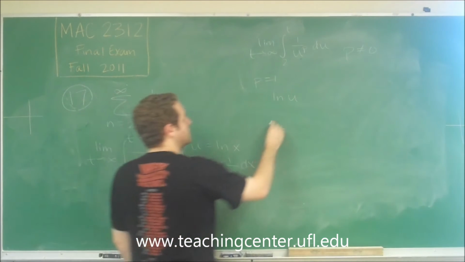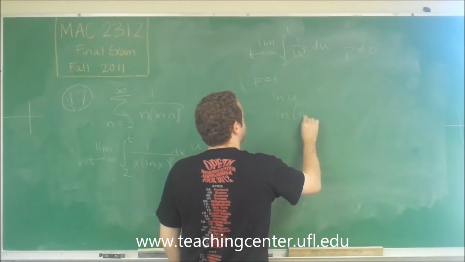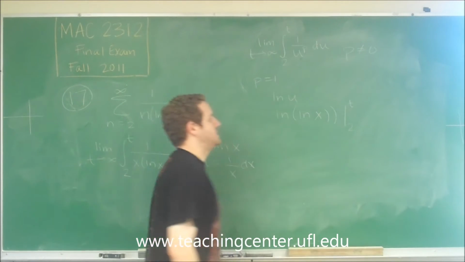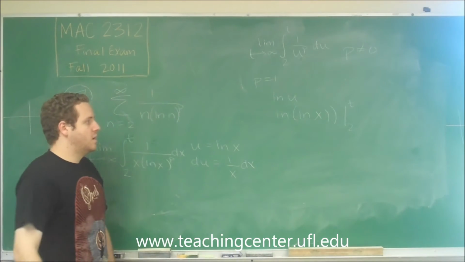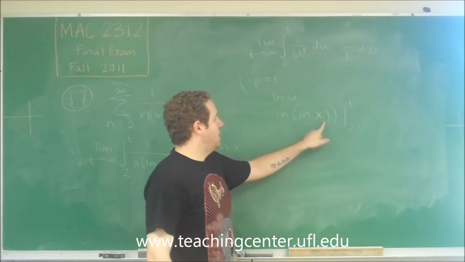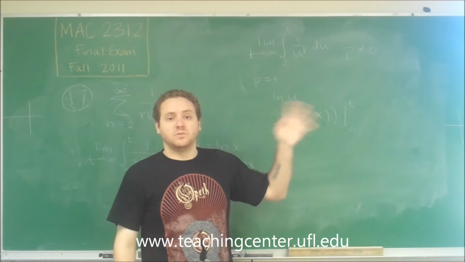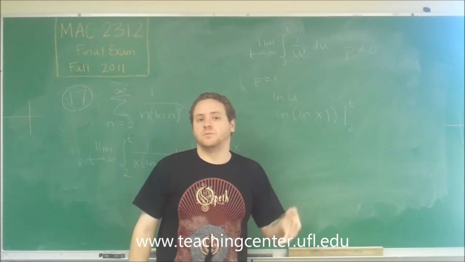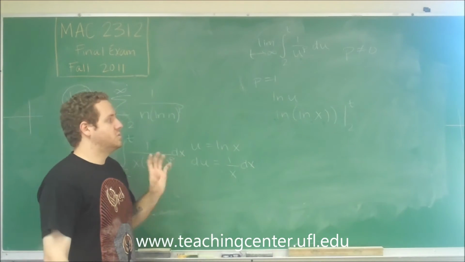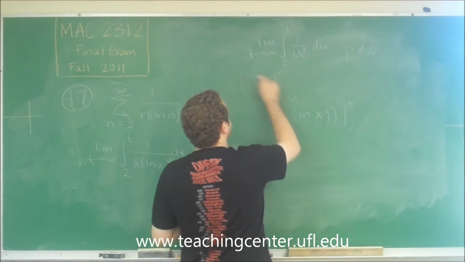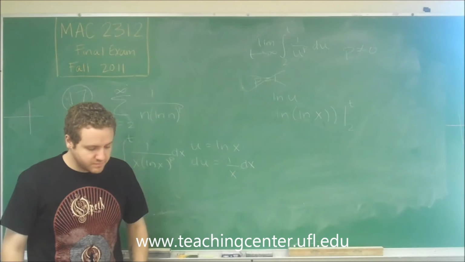U is ln x, so this is ln of ln x from 2 to t, limit as t goes to infinity. We run into the same problem though, because as t goes to infinity, ln of infinity becomes infinity, and then this ln as that goes towards infinity is going to be infinity. So we're still ending up with infinity, so p equals 1 does not work either.